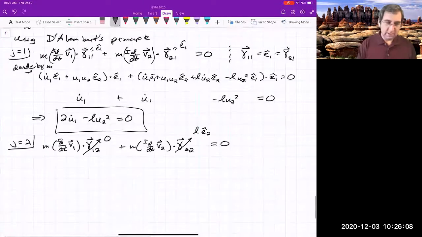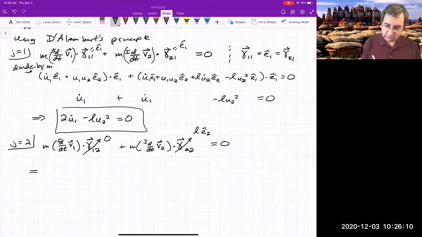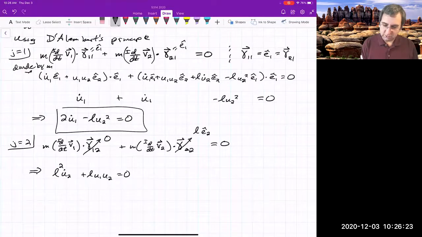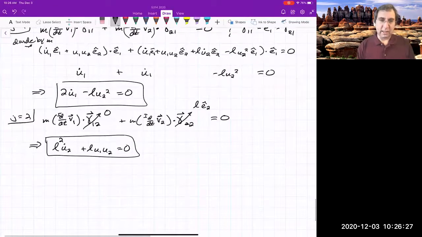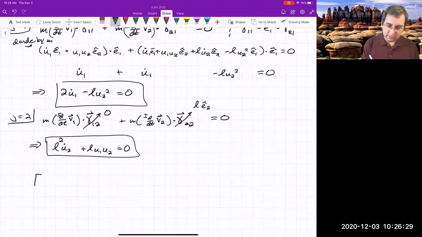Okay. What do we get? We end up with L squared U2 dot plus L U1 U2 equals 0. If we collect these two and put it in the matrix form, this is what we get.